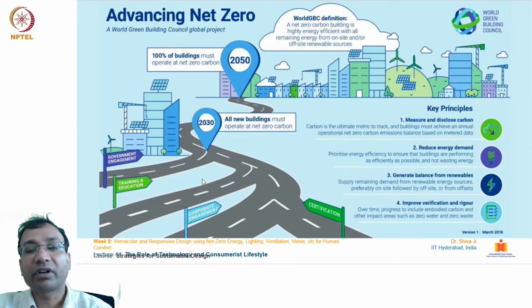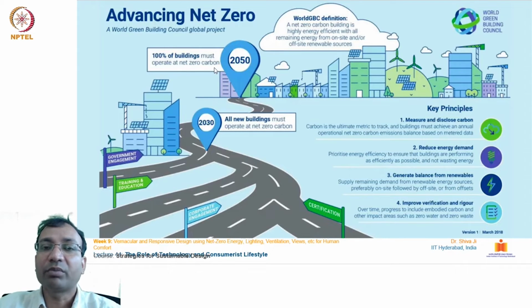The target for the year 2030 is that all new buildings must operate at net zero carbon, and by 2050 the target is for 100% of the buildings to operate at net zero carbon. So this is a very promising target, kept for the year 2050, where all buildings must become net zero energy building projects.